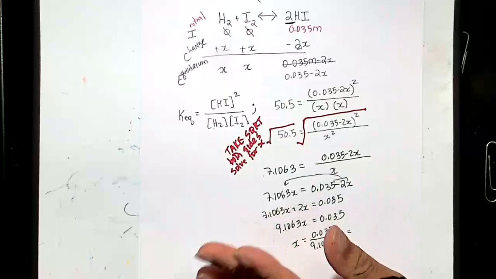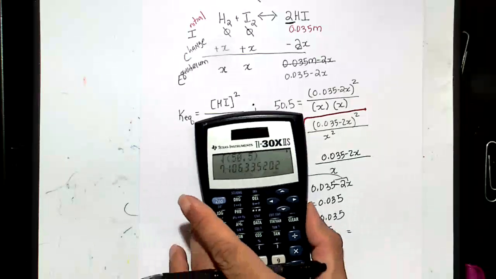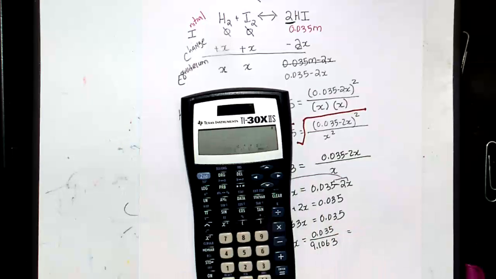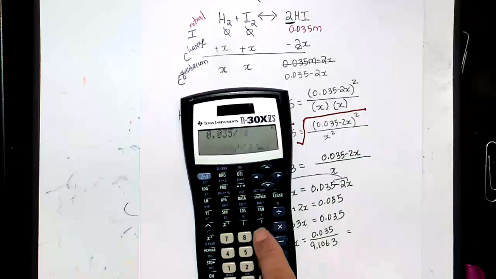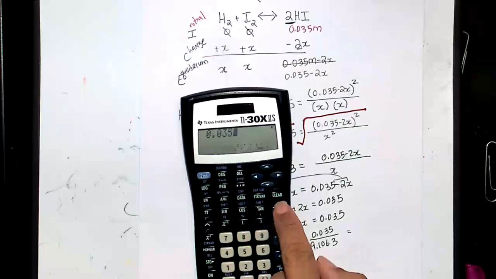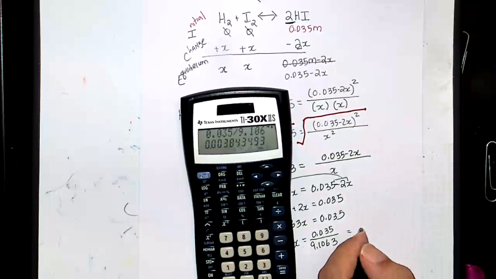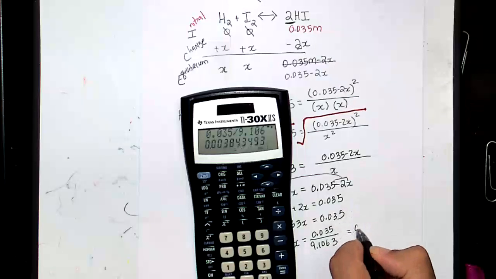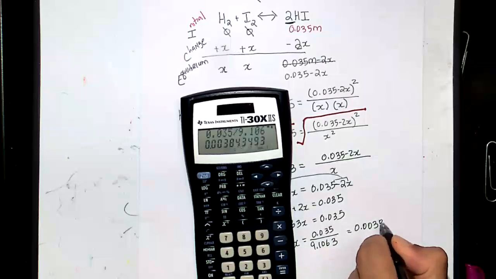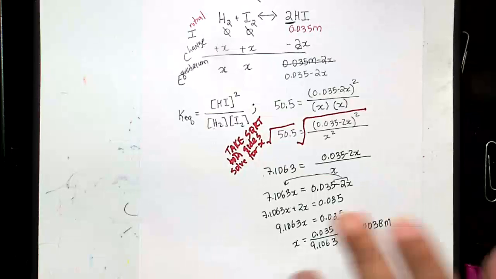Alright, so this is just algebra. This is really not chemistry. One thing is that when we solve for x, our units are going to be molar, big M, moles over a liter. I'm getting 0.00384. We'll do 0.0038. And that is x.